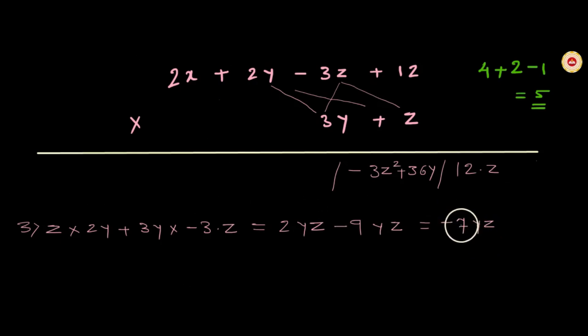So minus 7yz is the answer of the third step. Let us write this answer in the third part from the right side. So minus 7yz, draw a slash, step number 4.